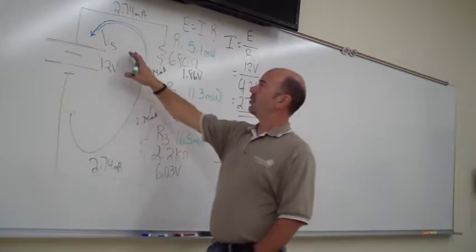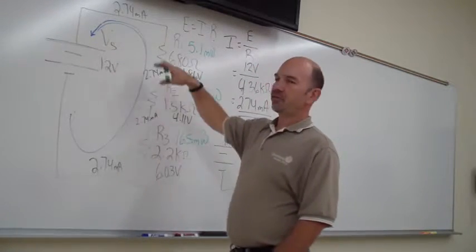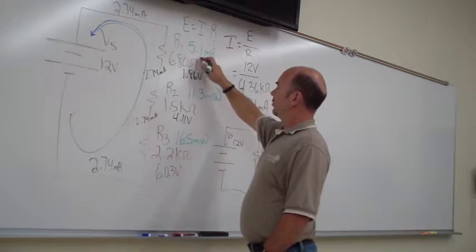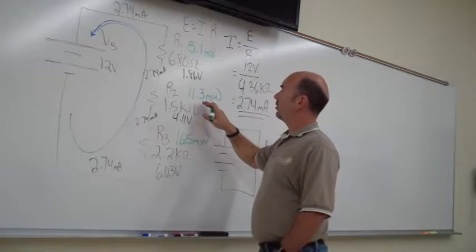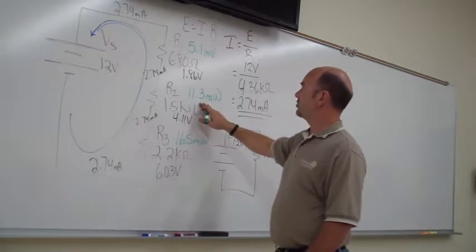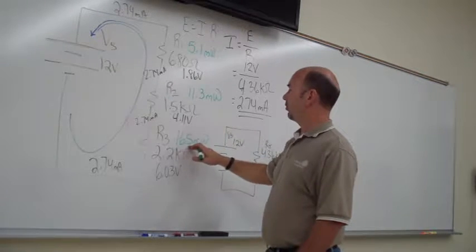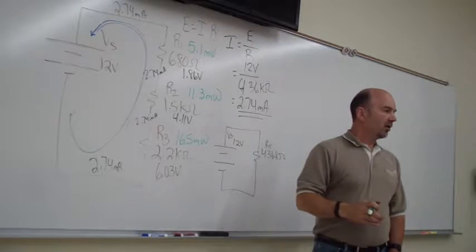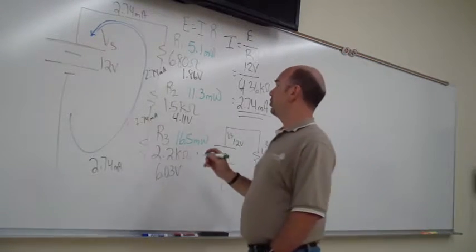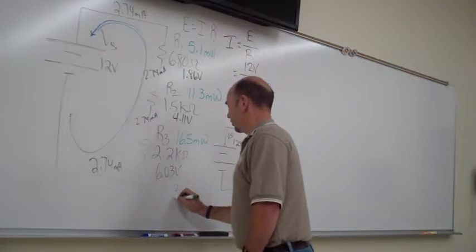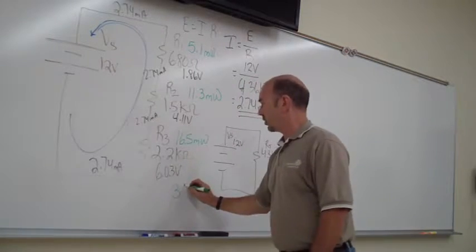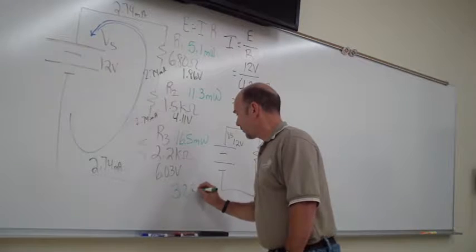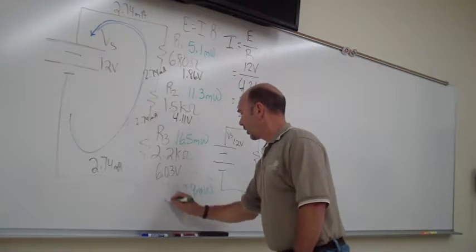However, I want to know what the overall power being utilized here is. Well, all we do is add them together. So we have 5.1, 11.3, and 16.5. That's approximately 32.9 milliwatts total power.